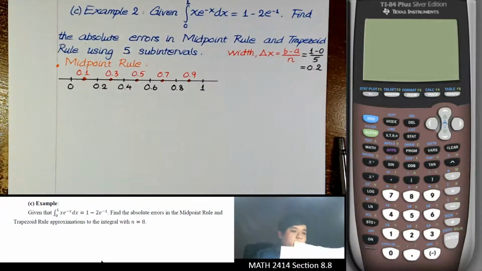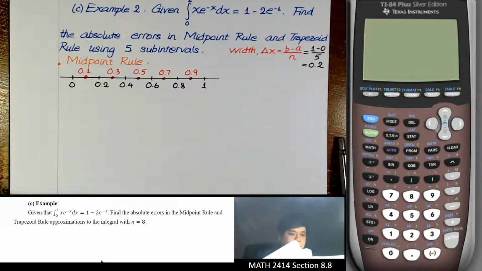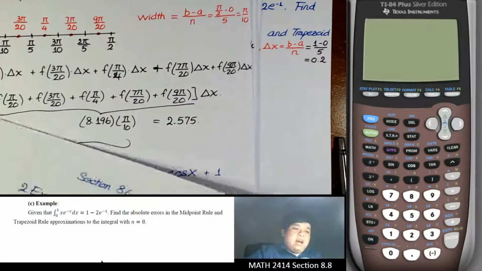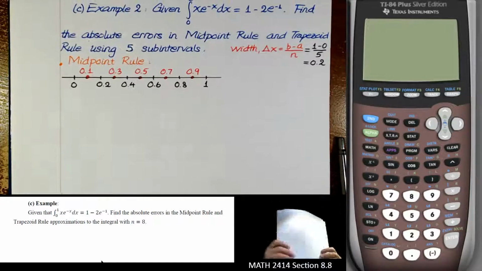So the midpoint rule, what we do is just add all of them up and multiply by delta x.